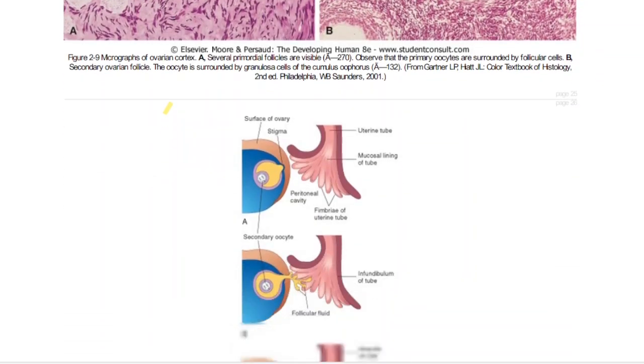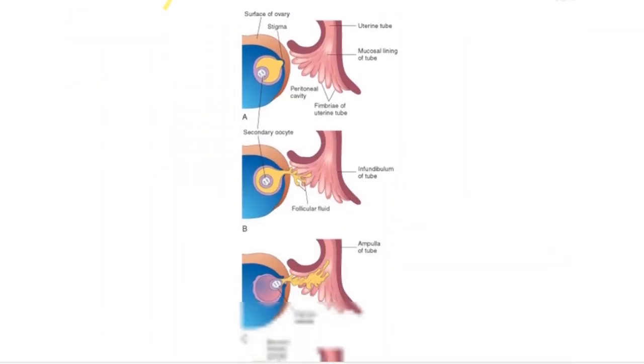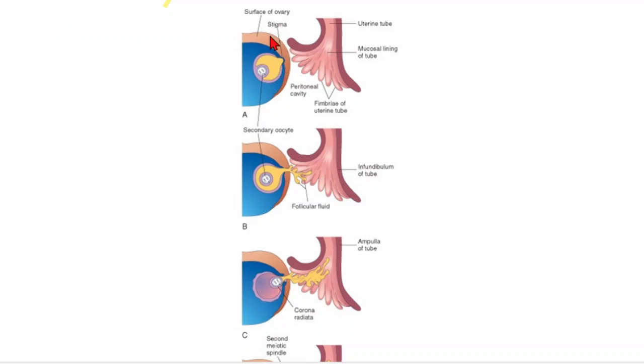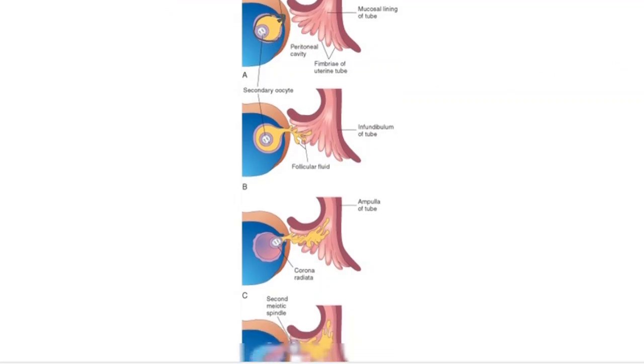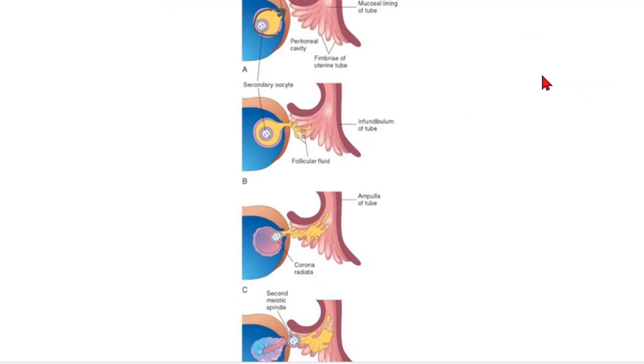Now come here again. For example, this is the surface of the ovary, and here is the primary follicular cell and also the primary oocyte. The primary oocyte is present here, but here a stigma is developed, and this stigma is avascular.